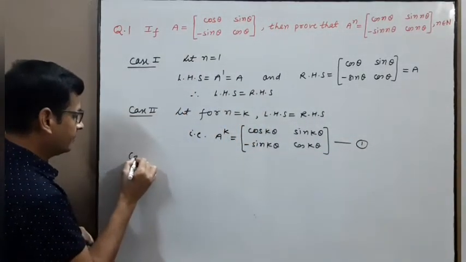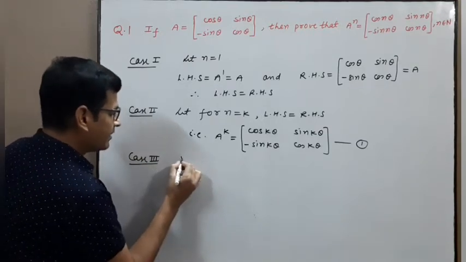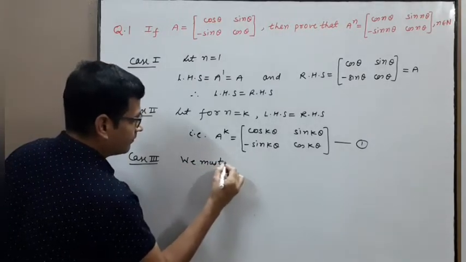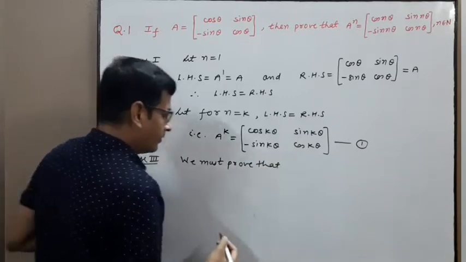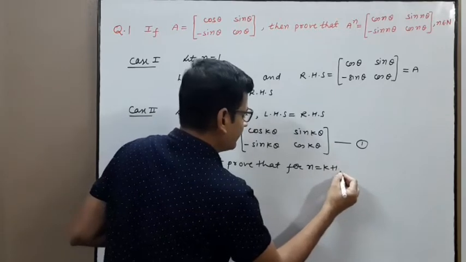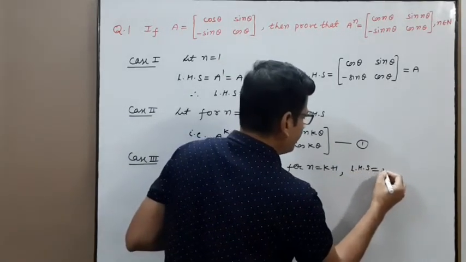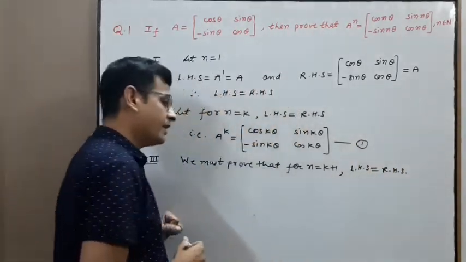Case third. We must prove that for n equal to k plus 1, left hand side is equal to right hand side. Meaning the given statement is true for n equal to k plus 1.